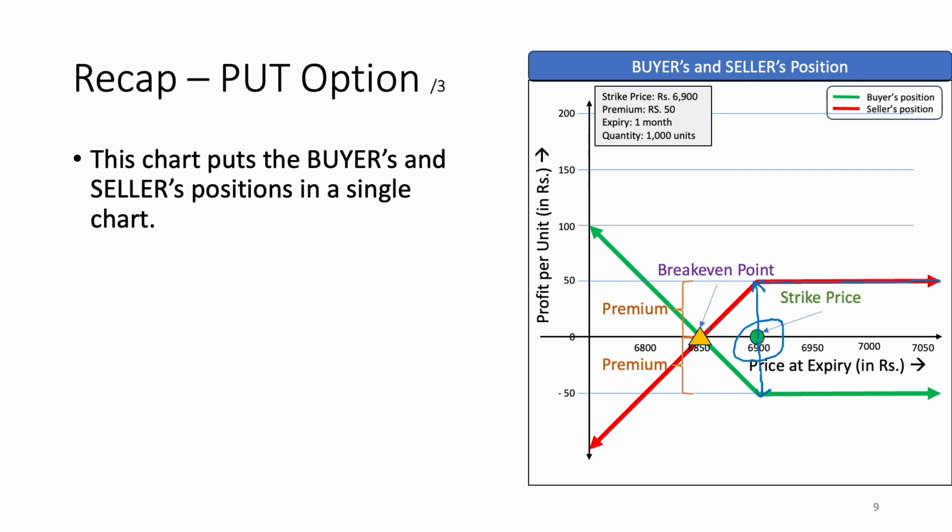And this is the point where the break even happens for the buyer and the seller. Till this point, from here to here, the buyer is suffering a loss, and from here to here, the seller is still making a profit. But beyond this point, the seller starts making a loss and the buyer starts making a profit.